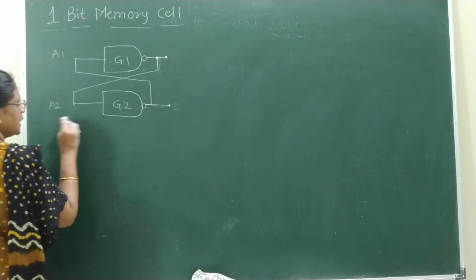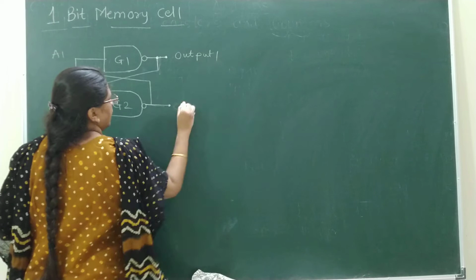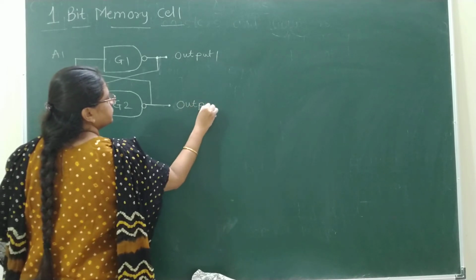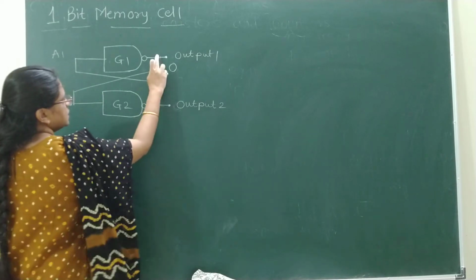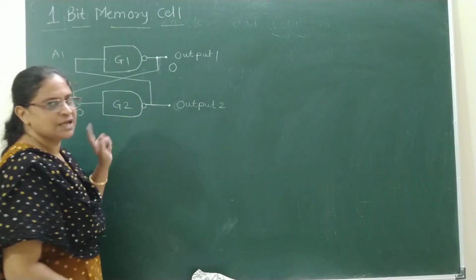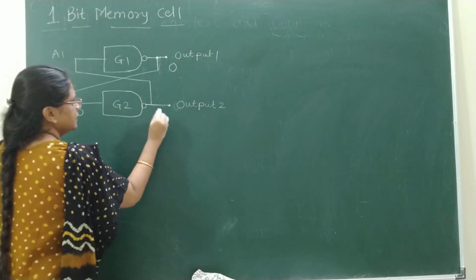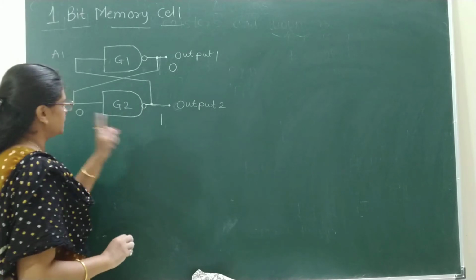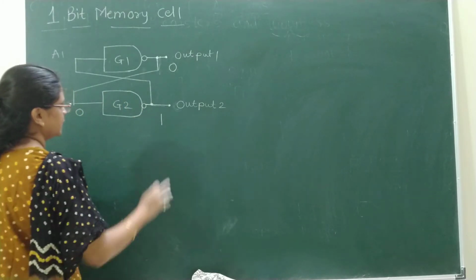Let's assume this is output 1 and this is output 2. Suppose output 1 is 0. So this 0 will appear at the input of G2. As it is an inverter, surely it will invert it. It will make it 1. High state. Low state becomes converted into high state.